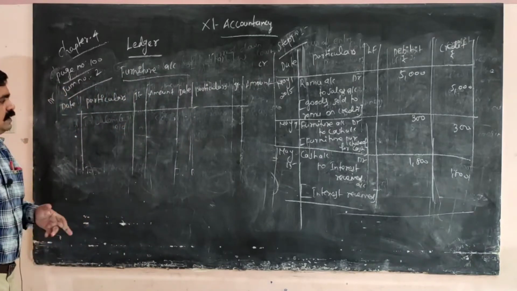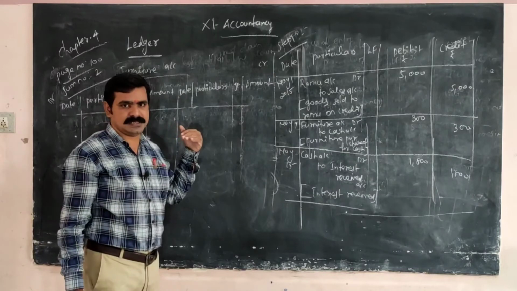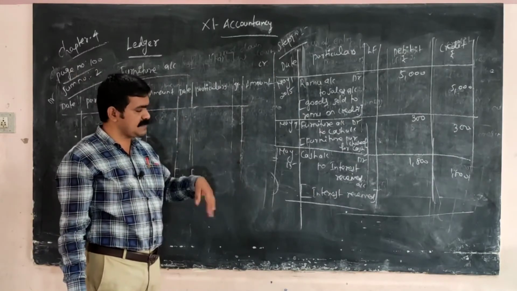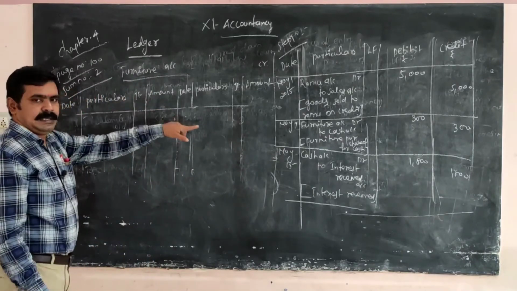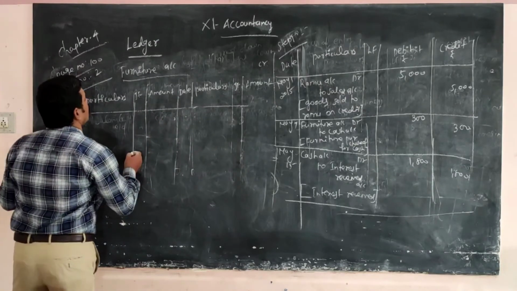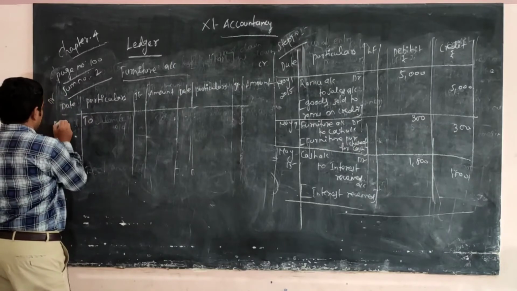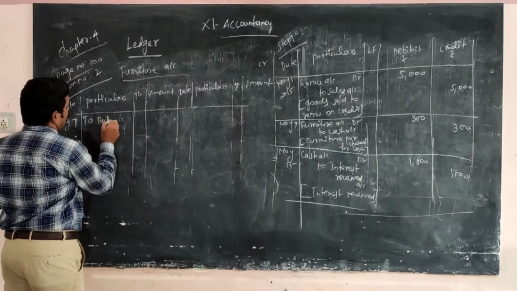Furniture was purchased for cash. So furniture comes in, cash goes out. Furniture account comes under debit side in the journal entry, so cash also comes on the debit side in the ledger. So this is a transaction, May 7 to balance.